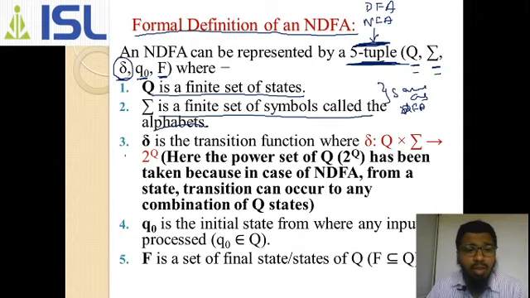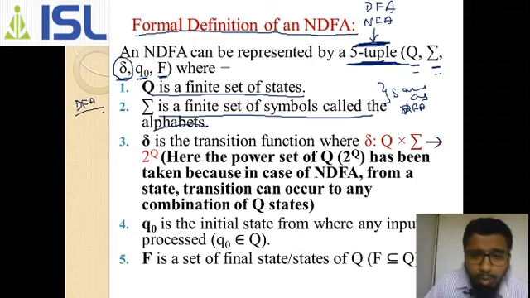Delta is a transition function where delta: Q cross sigma implies 2 power Q. Here the power set of Q, 2 to the power of Q, has been taken because in the case of NDFA, from a state a transition can occur to any combination of Q states. What is it in the DFA?